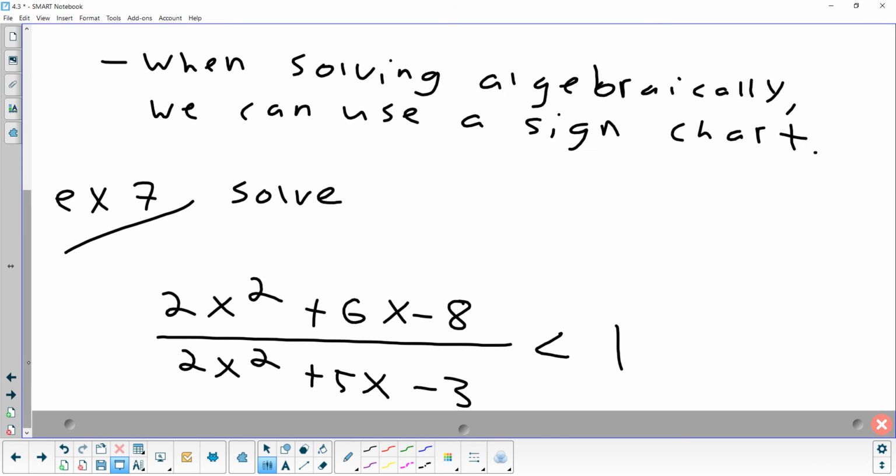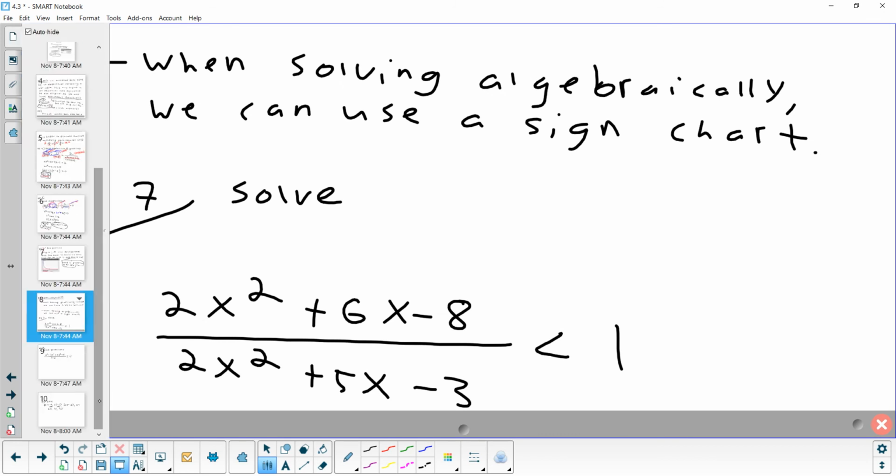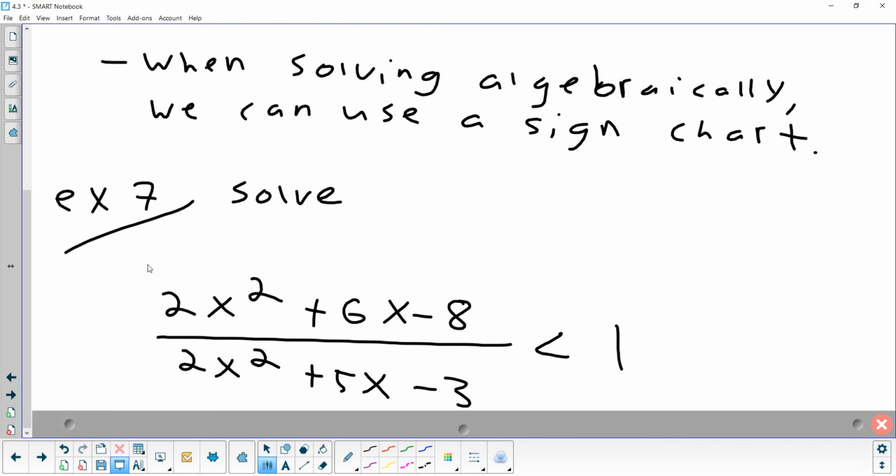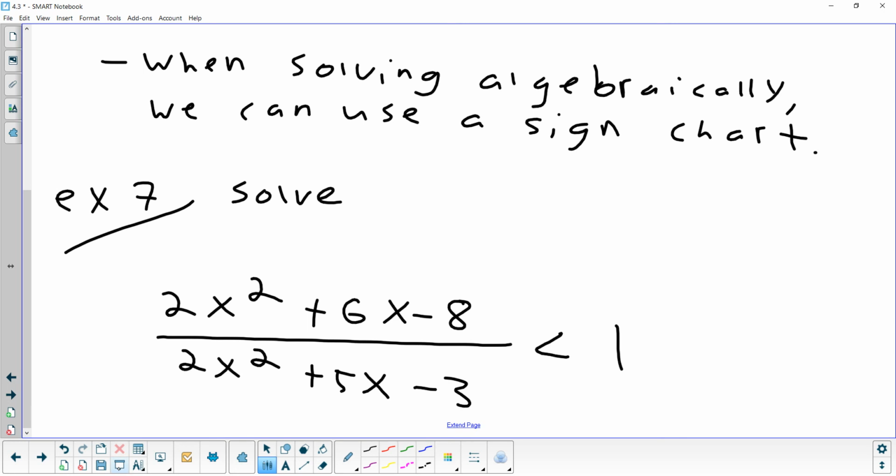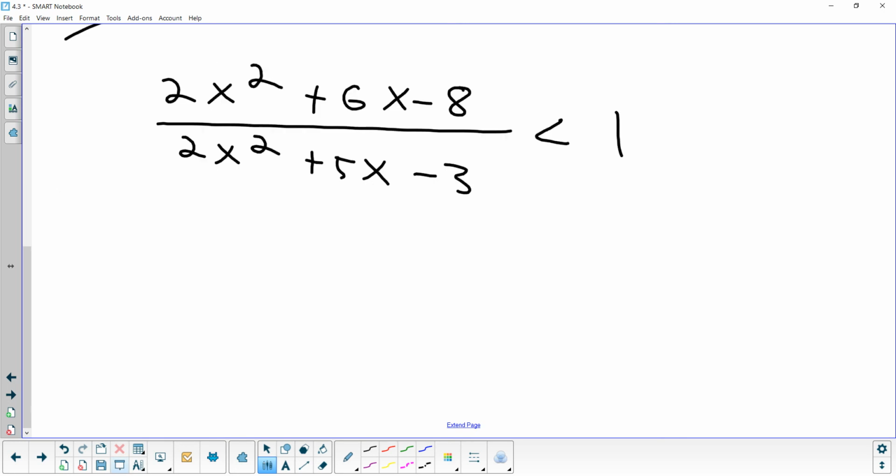Right, so let's see if we can solve this one, and then I think I had one graphing one, and that's it. Graphing is super easy, but let's do the algebra one first. Okay, two things. First, whenever we used a sign chart, does anybody remember what we always had it equal to?